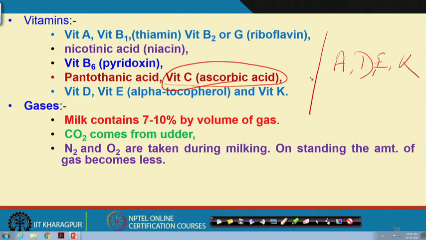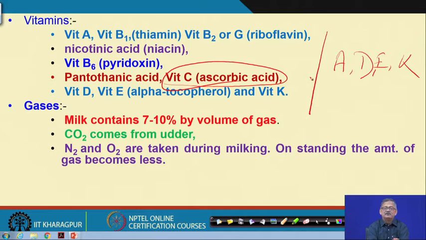So, here that example we have given, vitamin C, or ascorbic acid. Tocopherol, or vitamin E, is another, which is known as the antioxidant, right. We have a lot of fats in milk, so this tocopherol is used as an antioxidant.